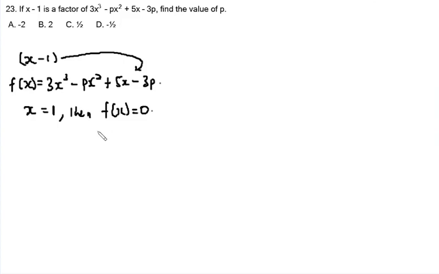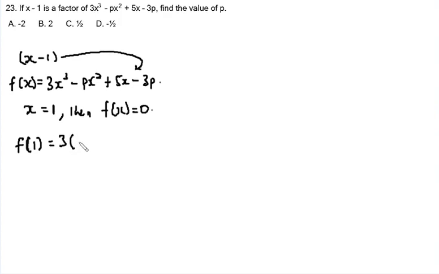Okay, so we are going to be plugging x is equal to 1 into this equation, so that f of 1 is equal to 3 open bracket 1 cube minus p open bracket 1 square plus 5 open bracket 1 minus 3p, and then this is equal to 0.